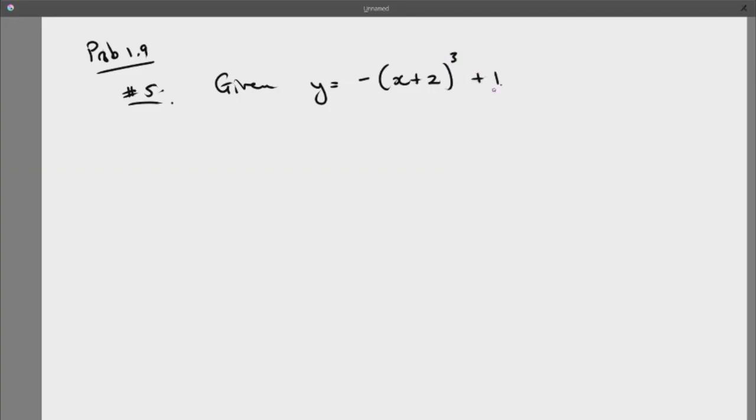The question as written there asks for the sequence of transformations and then to use that to graph that function. I'm going to leave the graphing to you and just do the sequence, just in the interest of saving time, and we've done the graphing already. So I'm going to start with my obvious basic function.